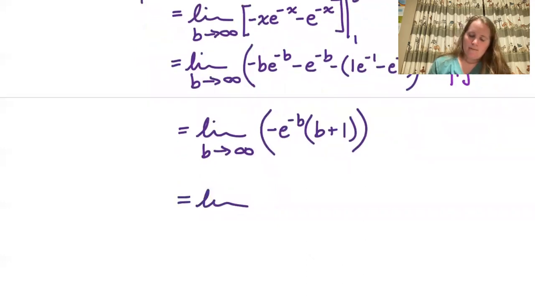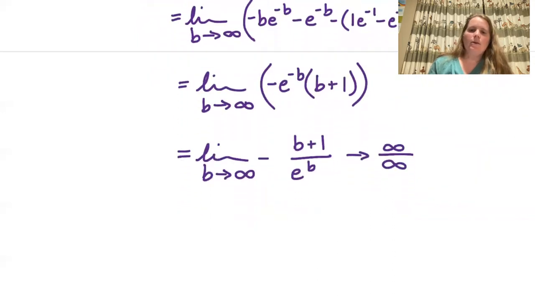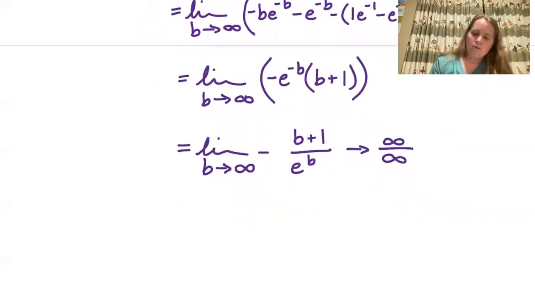This, of course, is the limit as b goes to infinity of negative b plus 1 over e to the negative b. Sorry, over e to the positive b, which is an infinity over infinity case. So we can go ahead and apply L'Hopital's rule.